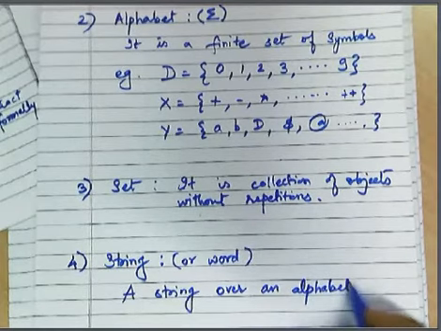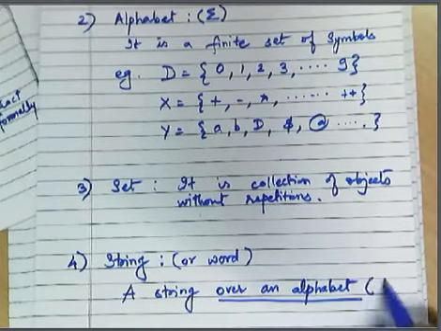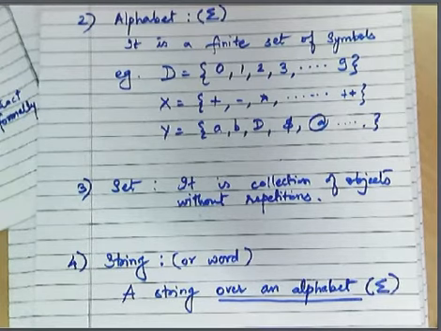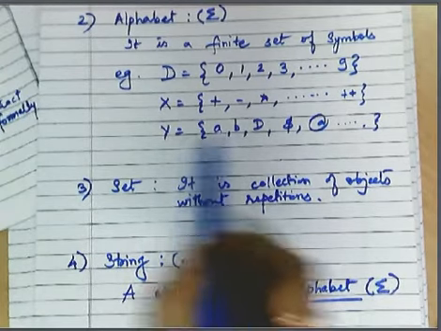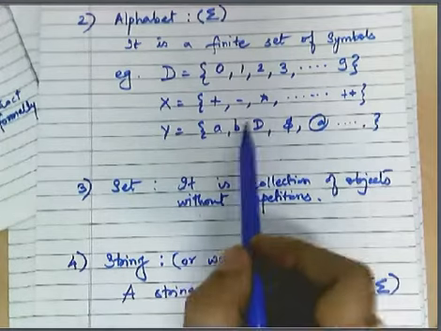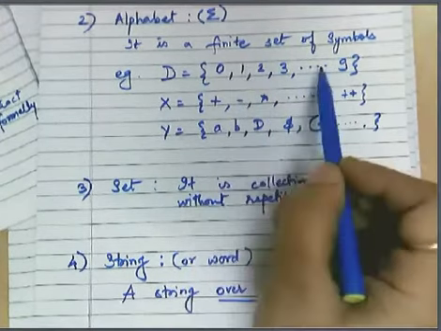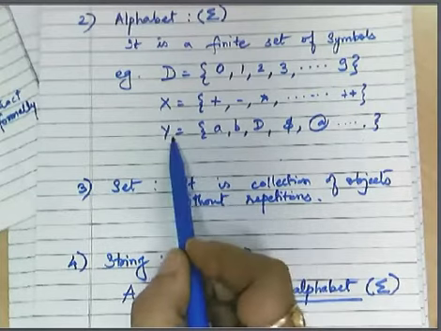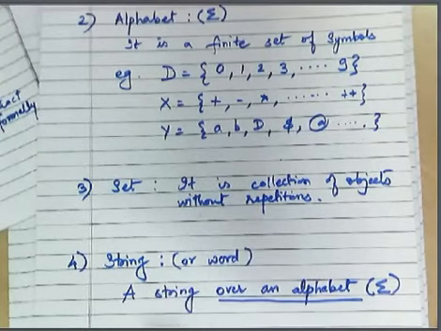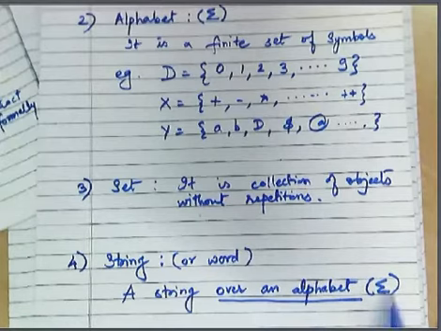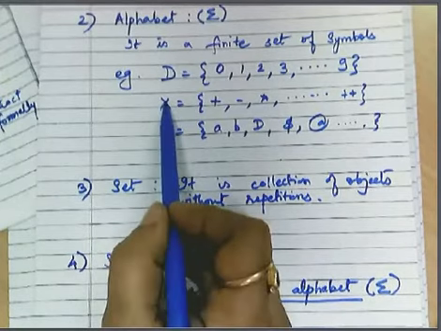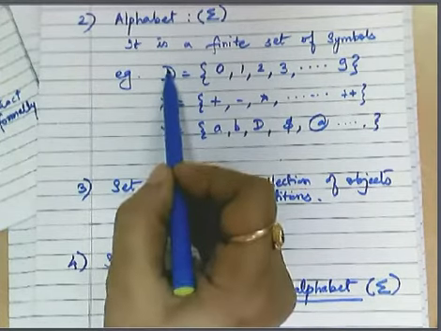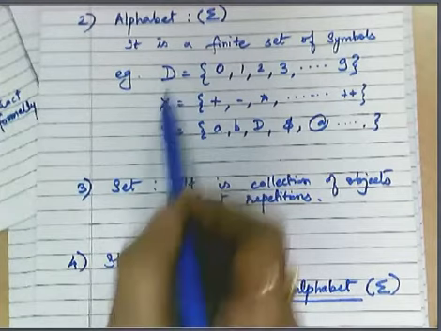How do we define the alphabet? Summation. So we can form a string from this set only. I cannot use any other symbols to define a string over an alphabet. Are you getting it? A string over an alphabet. This is my summation. This is another summation, another alphabet. This is one alphabet, this is another alphabet.